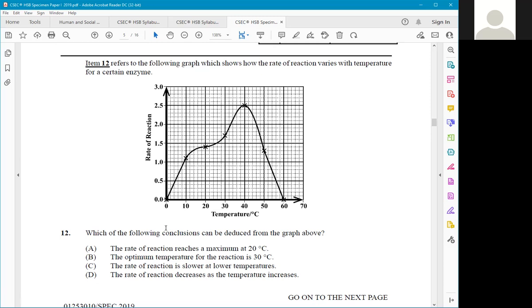The rate of reaction reaches a maximum at 20 degrees Celsius. Only a fool would put that. No. It's up here. The optimum temperature for the reaction is 30 degrees Celsius. What happens at 30?